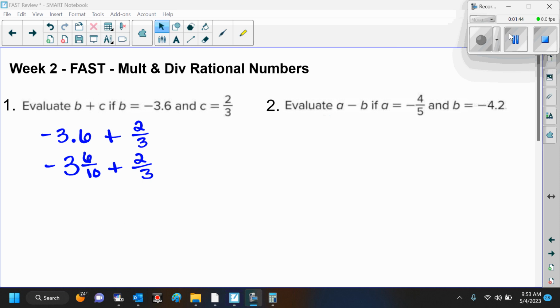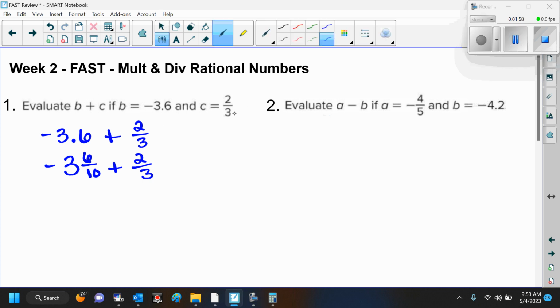All right, so now we need to get common denominators, right? Can I go ahead and simplify the 6/10 though? Yeah, I'm going to simplify that by dividing by 2, and I'll get what? 3/5. Right, 3/5. So this is going to be negative 3 3/5 plus 2/3.